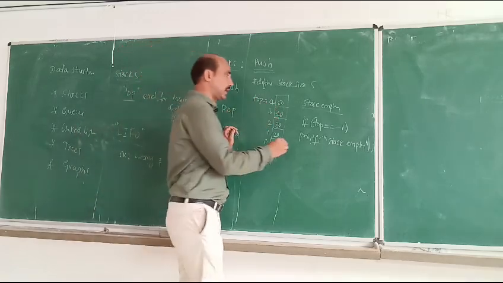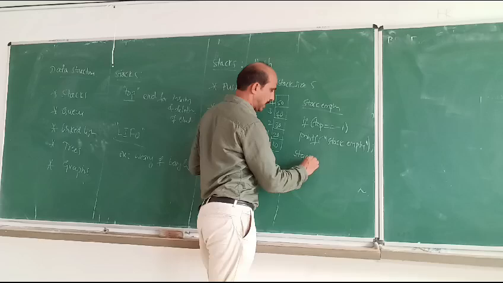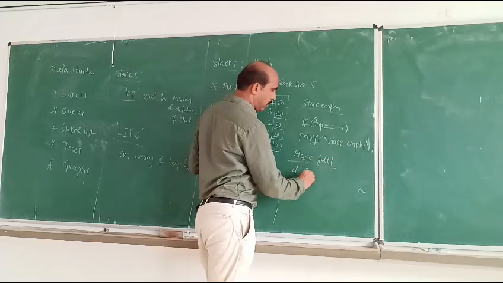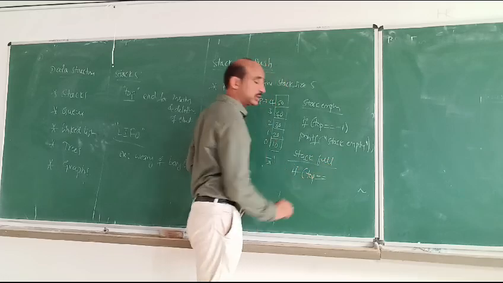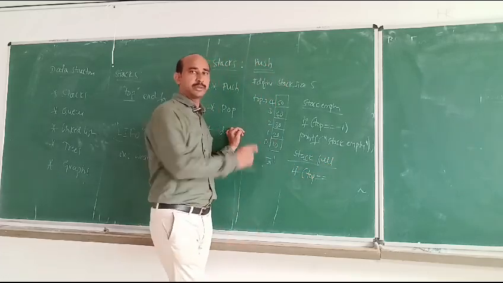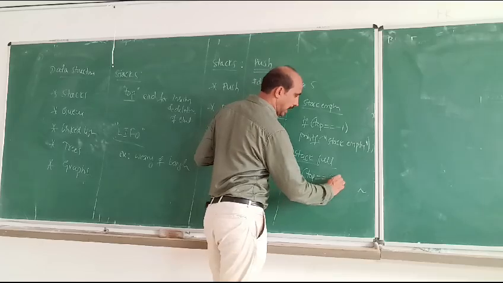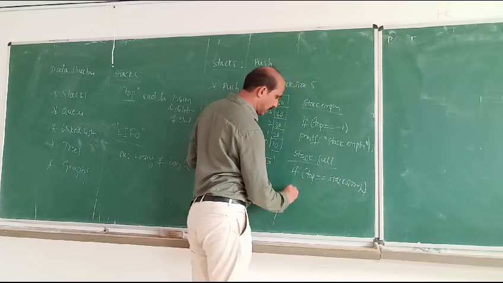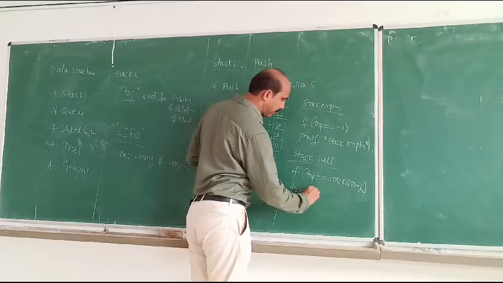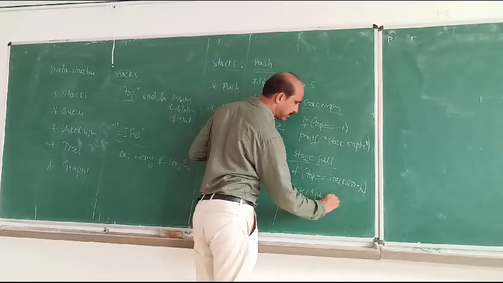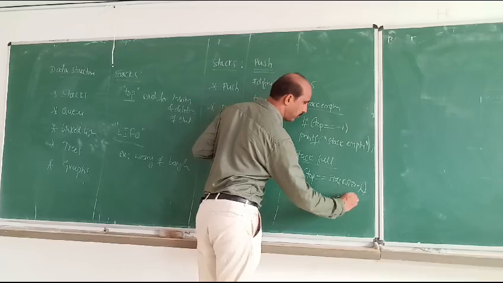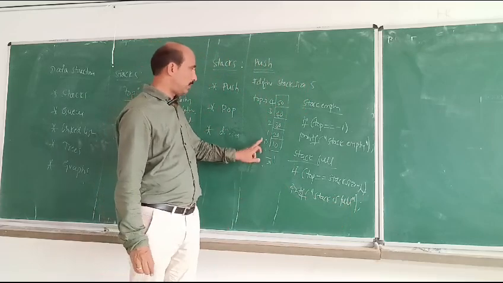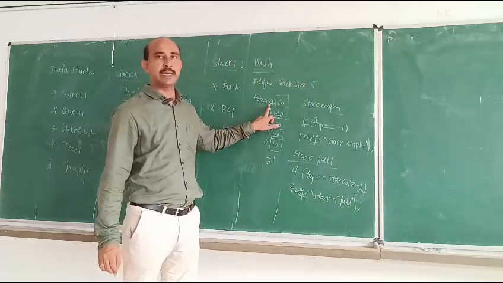The stack full condition is checked by whether top is pointing to the last location in the stack, that is, stack size -1. Then you can tell that the stack is full. If the top is pointing to the last location, the stack is full.